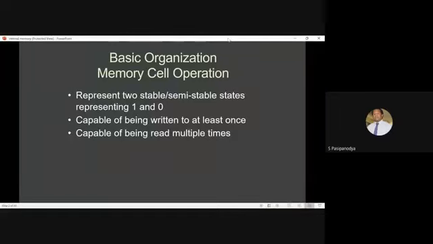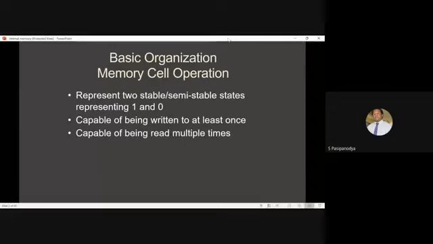Within the stable state, a computer is capable of representing information by writing to memory, and within the unstable state, a computer is not capable of representing information, neither is it capable of writing information to memory. So within this lecture, we're going to look at how we write to memory at least once, and how we write to memory multiple times.